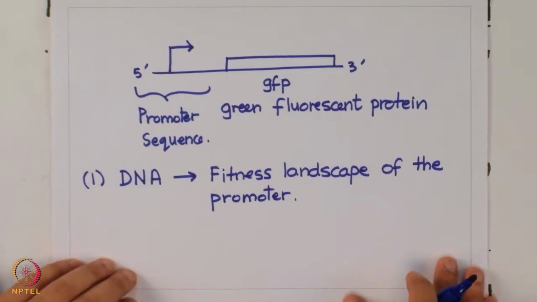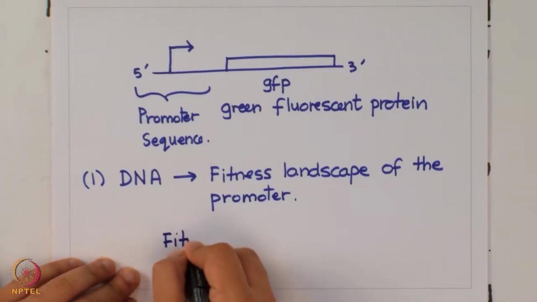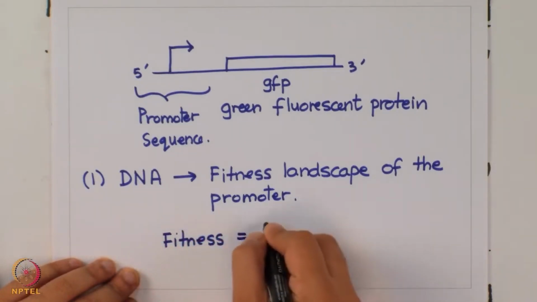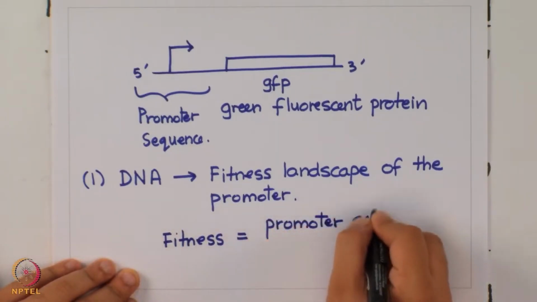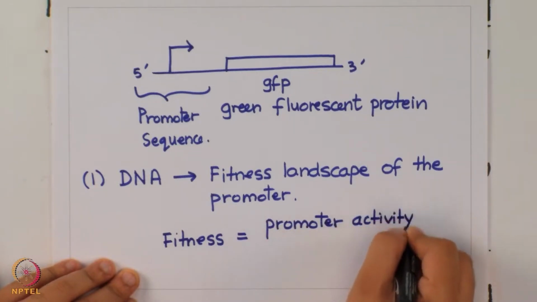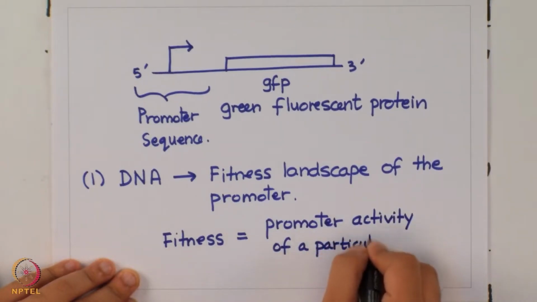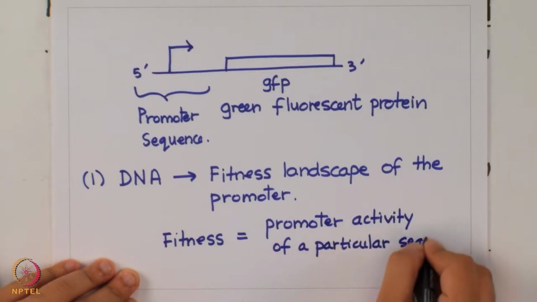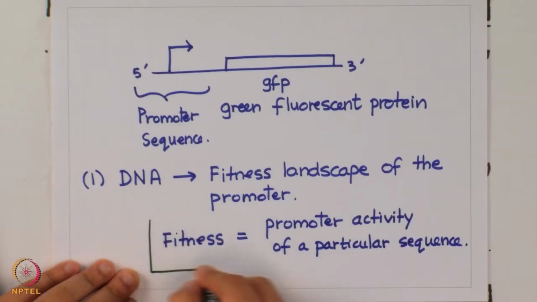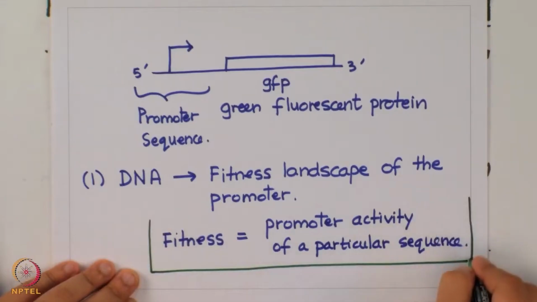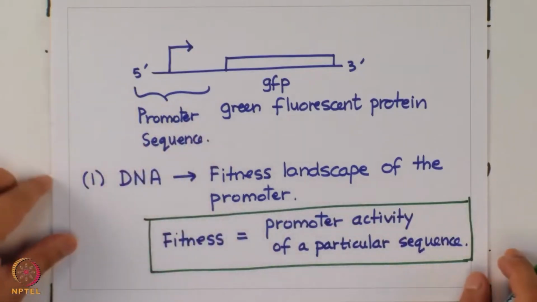The way I am going to define fitness here is equal to the promoter activity that a particular sequence enables. So my fitness is, if I take a DNA sequence, how strongly does RNA polymerase start the process of transcription from that particular promoter.